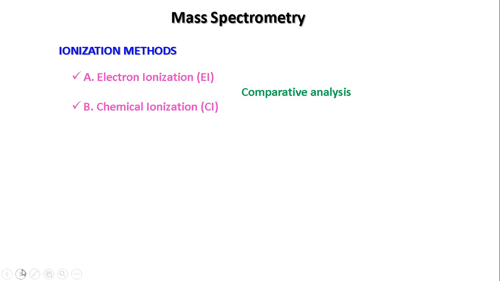These ionized gases react with your molecule, and generally we see a proton transfer reaction. Sometimes you can see negative ion transfer also, but in regular practice we do proton transfer.